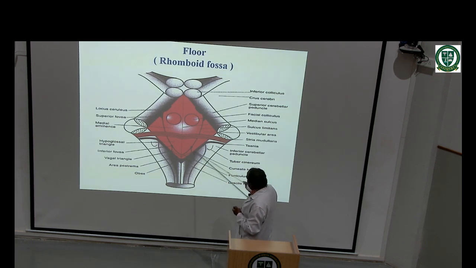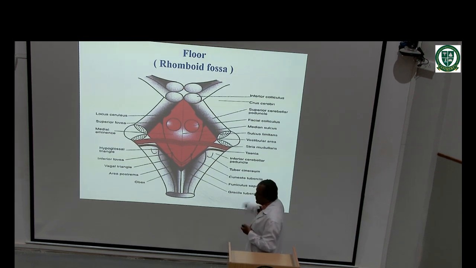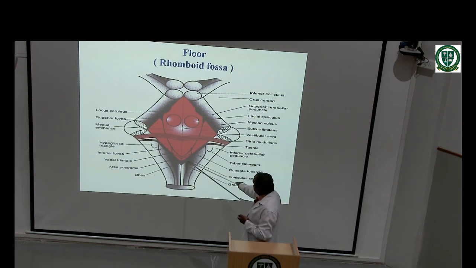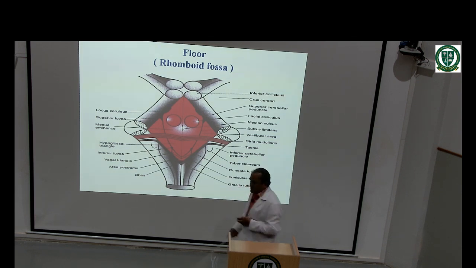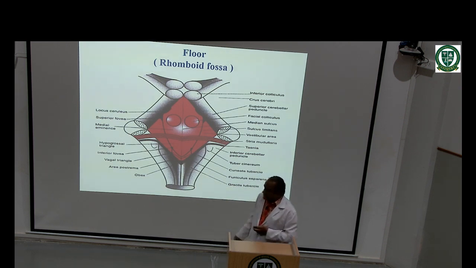On the inner side of the inferolateral boundary, you have white fibers called taenia. The taenia of both sides fuse over the inferior angle, and these white fibers form the obex, which covers the inferior angle of the fourth ventricle.